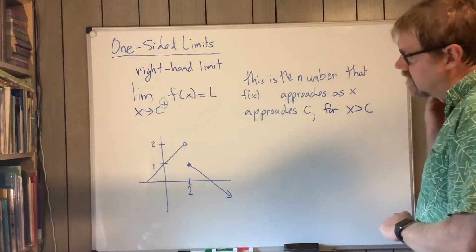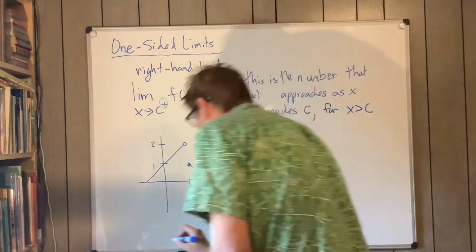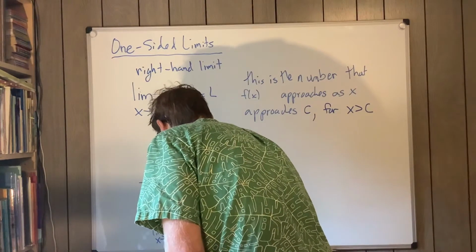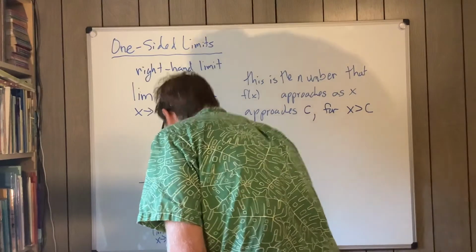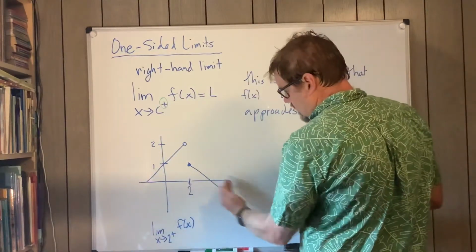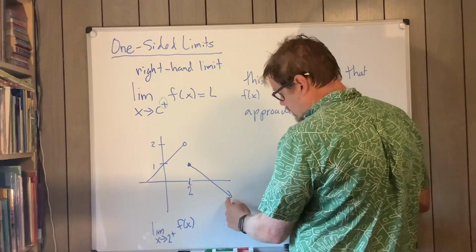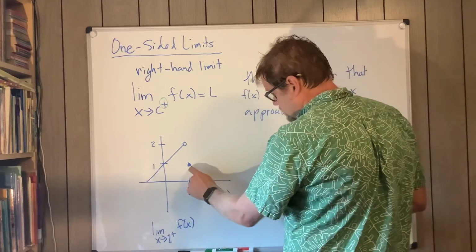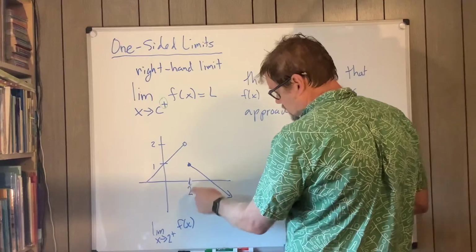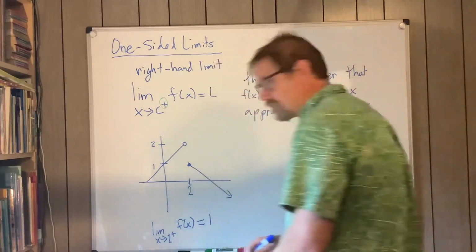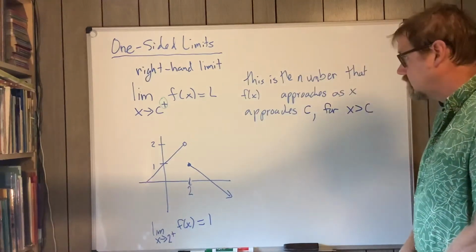So if I'm looking for the limit as x goes to 2 on the positive side of f of x, all I care about is numbers bigger than 2. So I'm going to follow the function back to 2. I don't care what happens at 2, but it looks like this is 1.